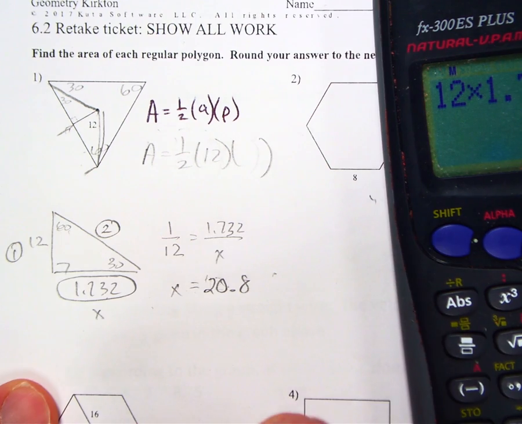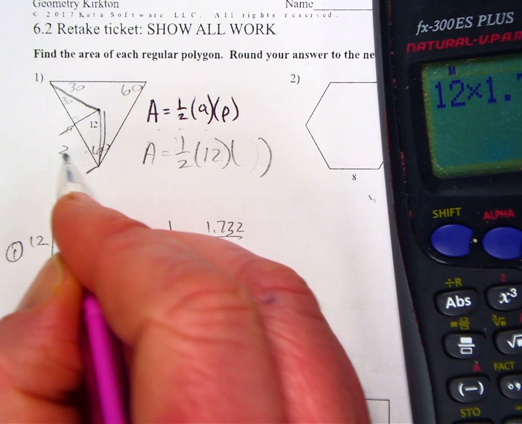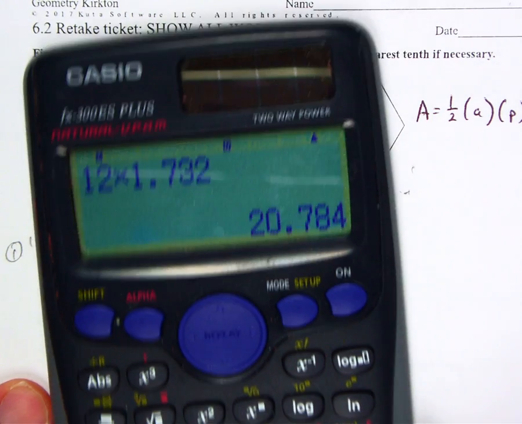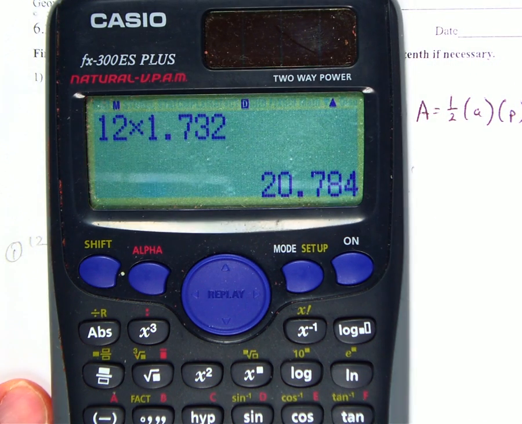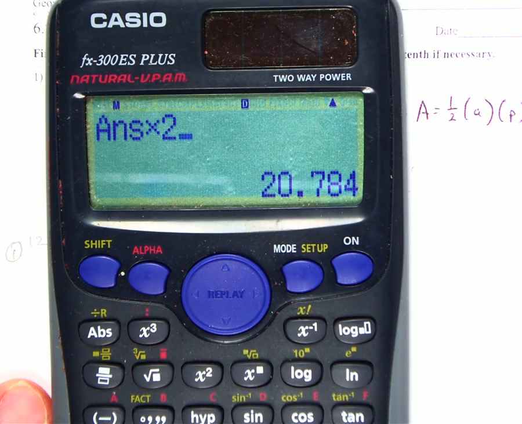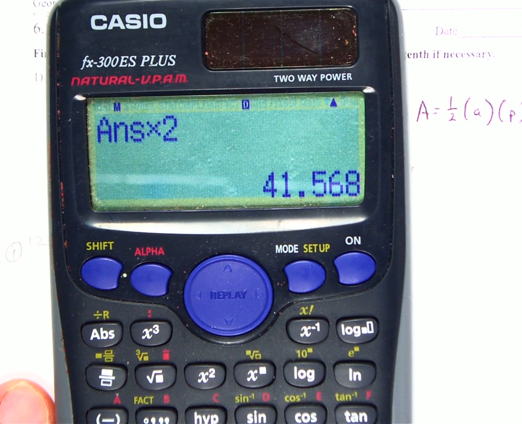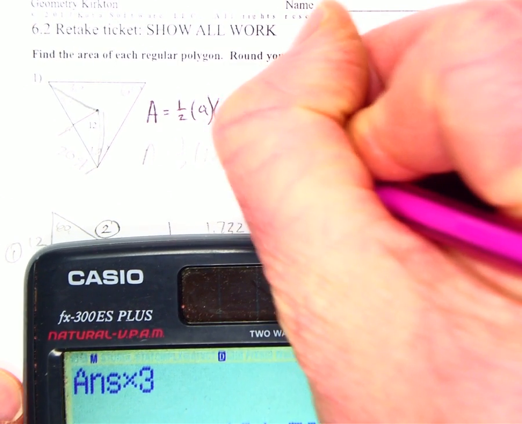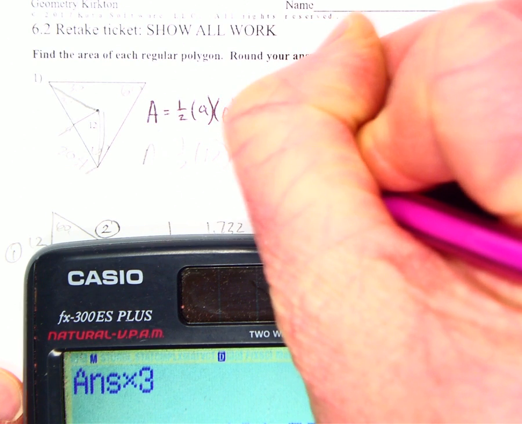Okay, we have another hexagon here. Only this is the hexagon to end all hexagons because we don't know the apothem and we don't know the perimeter. So we got to find both. It's still the same triangle. Only we're going to find both sides of this triangle because they both are important parts. So my 16 goes here. This is 30. This is 60. This is my 1.